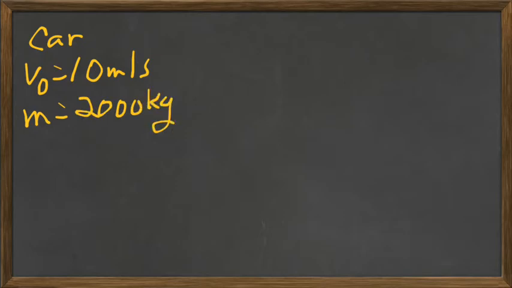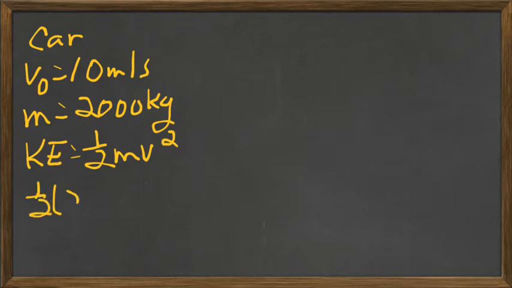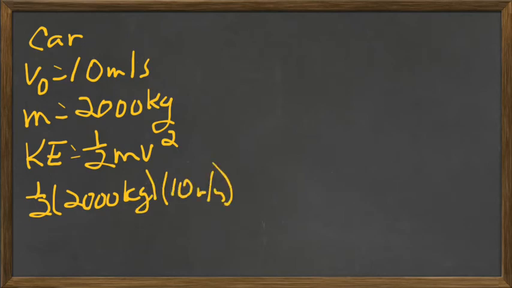And if I want his kinetic energy, 1/2 mv squared, 1/2 times 2,000 kilograms, my speed 10 meters per second. Don't forget to square it. And I get 1 times 10 to the 5th joules. And joules is the unit for all energy: kinetic, gravitational potential, elastic potential, electric, nuclear, doesn't really matter.